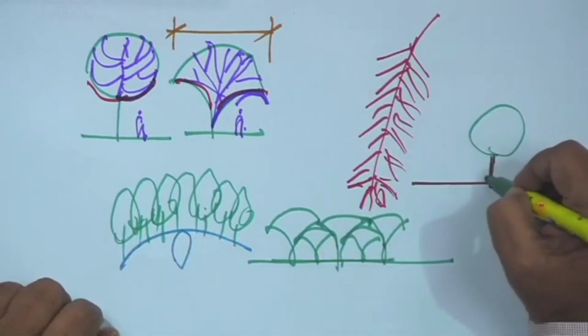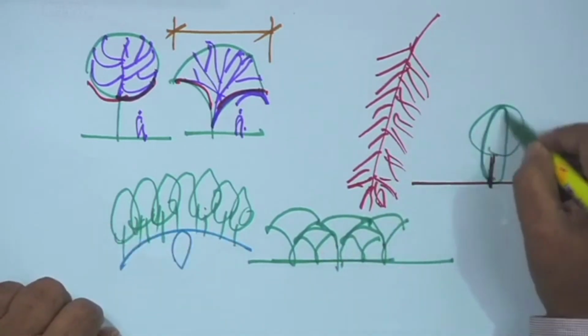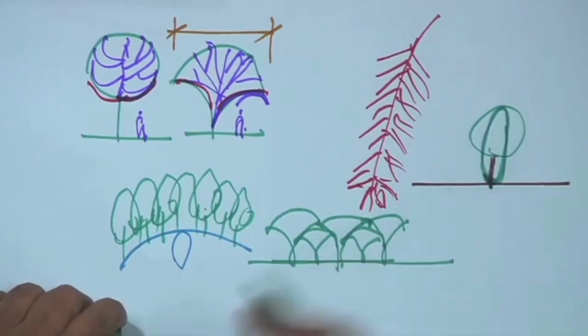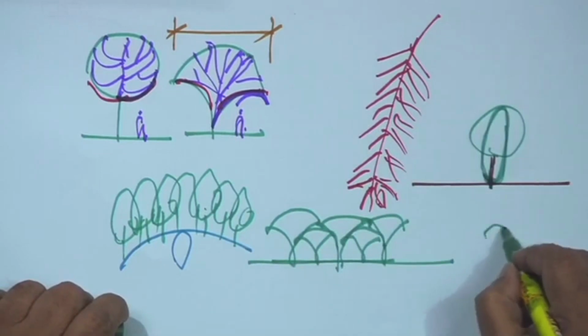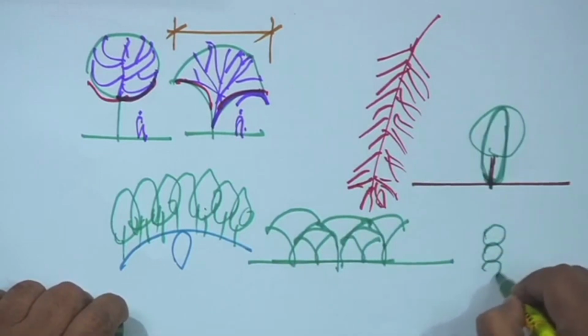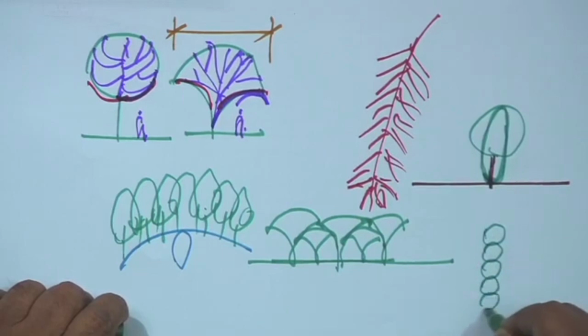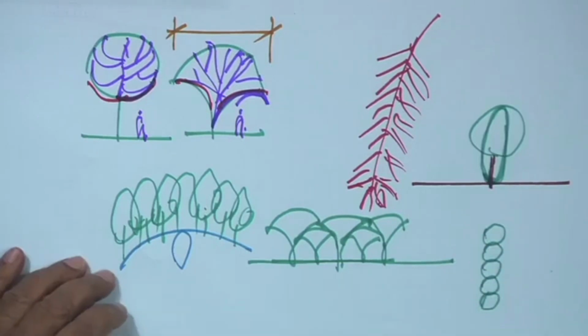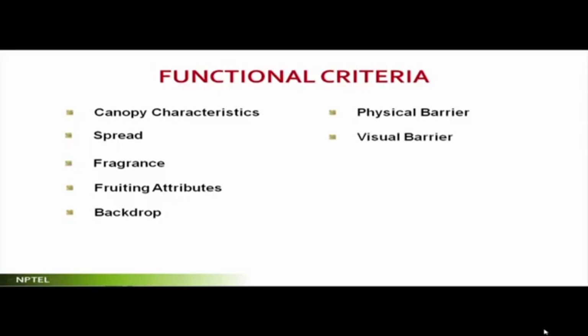But suppose you select a set of trees which almost touch from the ground, like Ashoka, and plant them in a row. Then in plan it looks like this, and this is physically different. This is the kind of thing that you can always experiment with in your design. So the criterion you have to decide.